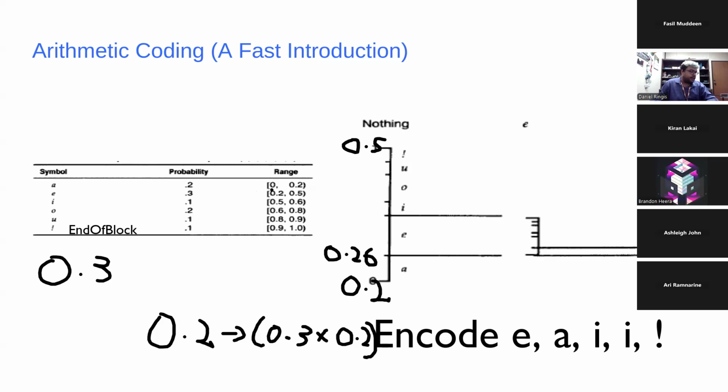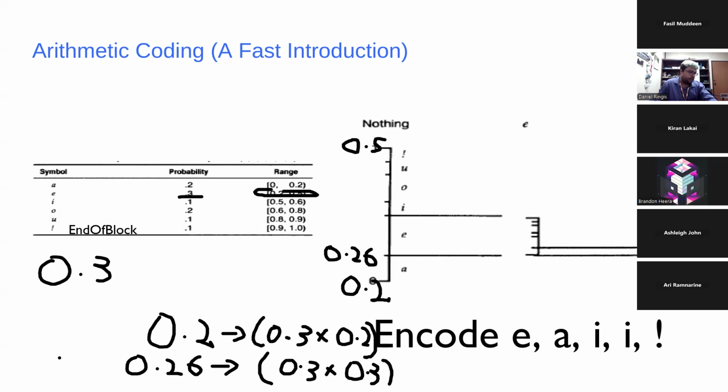And then the next set, from 0.2 to 0.5, no, we want the range that we're going from 0.26 to 0.3 times 0.3 plus the 0.26.